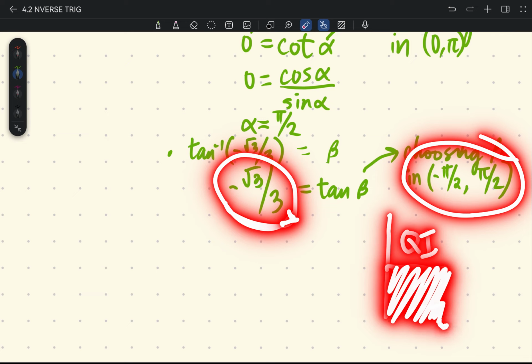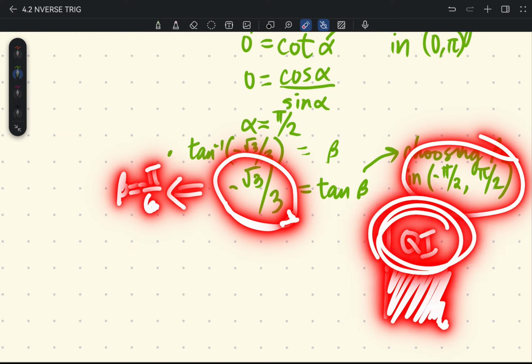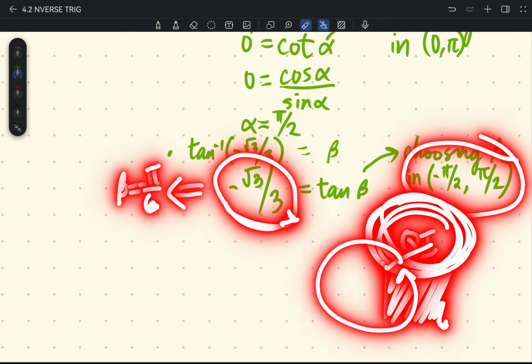If you are very familiar with special values, you would easily observe that beta right here is negative pi over 6. But if you're not familiar, we can make use of reference angles. So how do we do that again? First, we look at the case in quadrant 1, then do some reflections to get to quadrant 4.